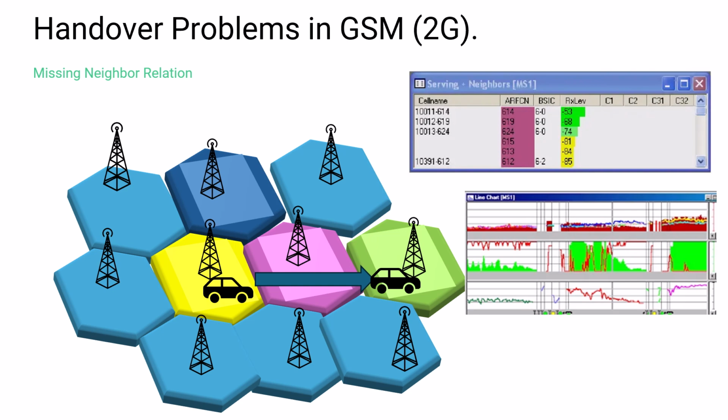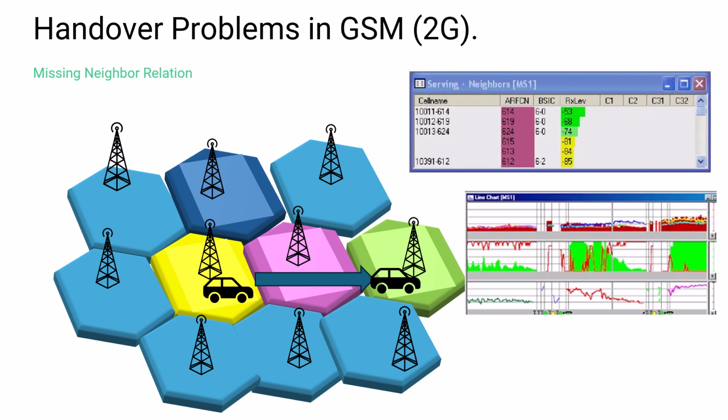I mean, the car goes on this route, for example, and this cell is covering the yellow one, and this site is covering purple, and this site is covering the green placement. When the mobile goes along this way, it is checking the best neighbors list. But in that list, sometimes in the BSC, they didn't define this site to this site as a neighbor.